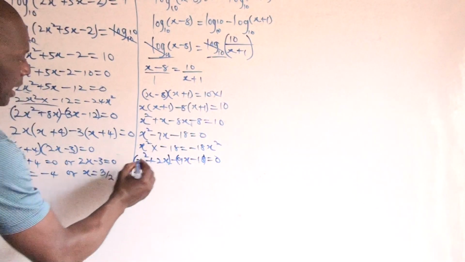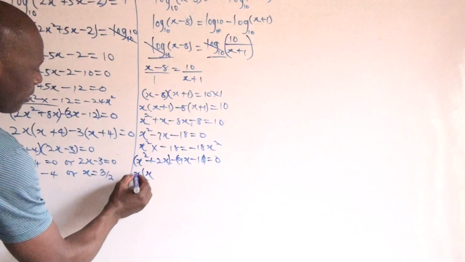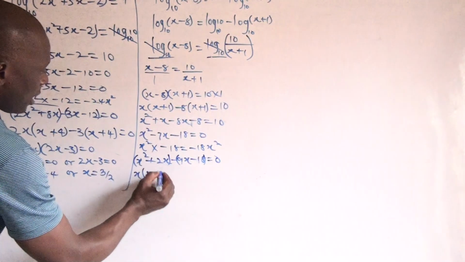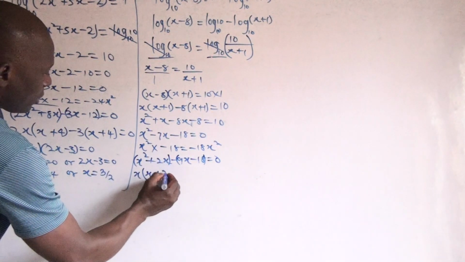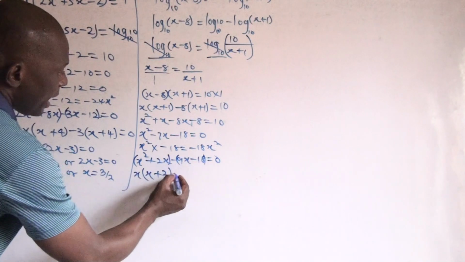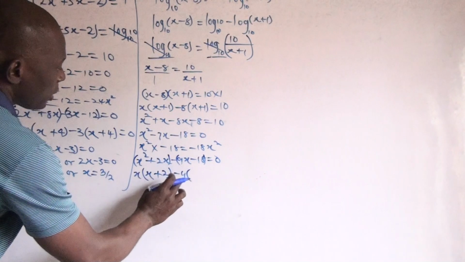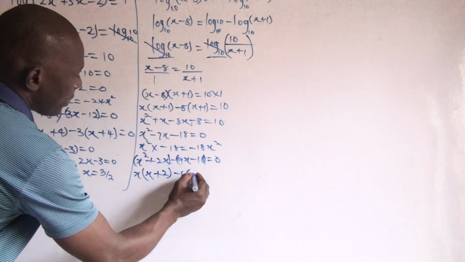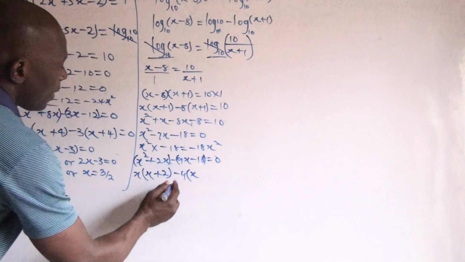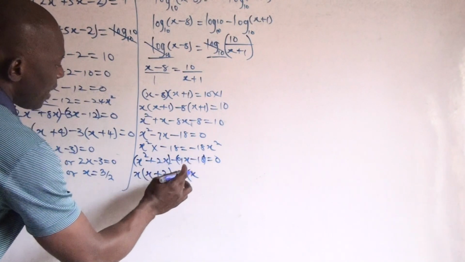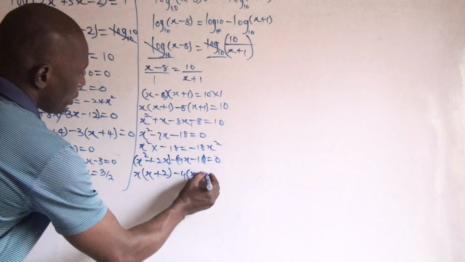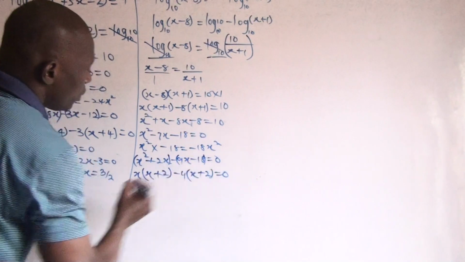So bring out x. x squared divided by x is x, and 2x divided by x is just 2. Then the common factor here is minus 9. Minus 9x divided by minus 9 gives us just x. Minus 18 divided by minus 9 will give us plus 2, is equal to 0.